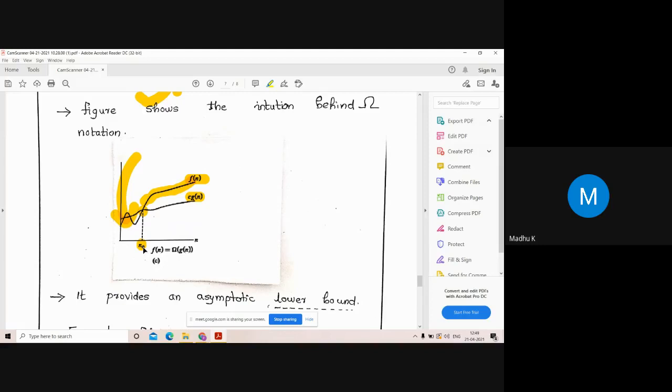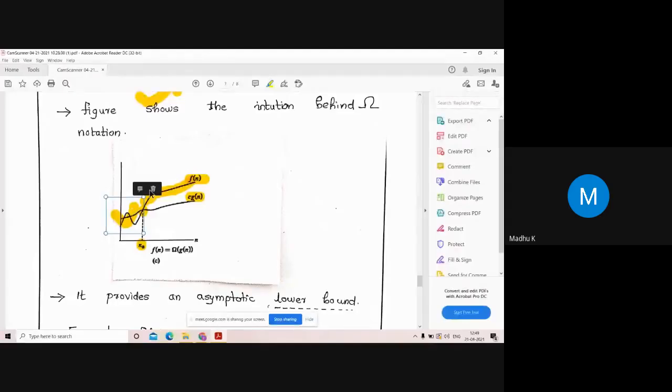But after a particular value, that is the concept. Okay.